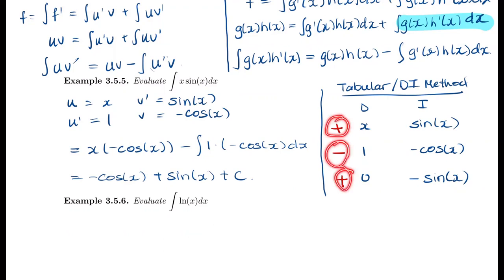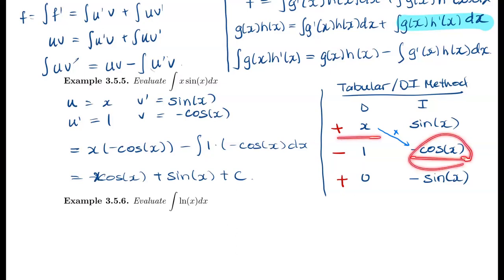Now we're going to take the diagonals and multiply them together. So actually I'm missing this x over here. If we take this x multiplied by negative cos of x, we get this part over here.